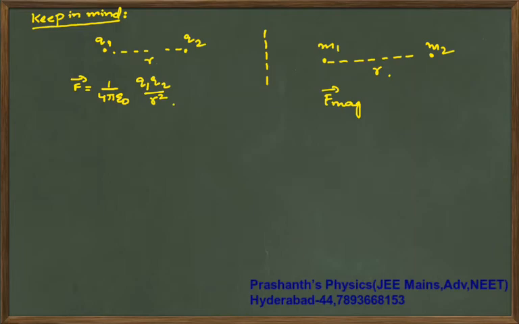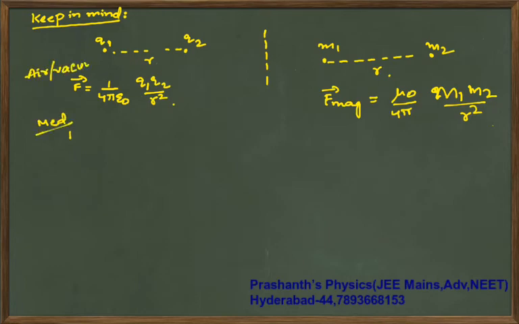Everything is the same, entire story. But here you will write mu naught by 4 pi M1 M2 by R square. Now, if a medium is considered, this is in air or vacuum. In air or vacuum, you will write this formula.